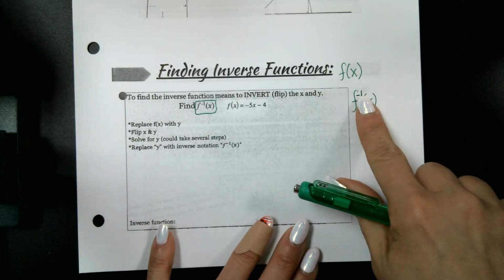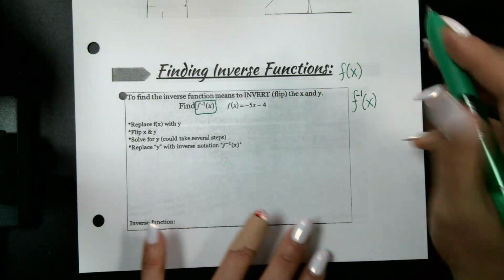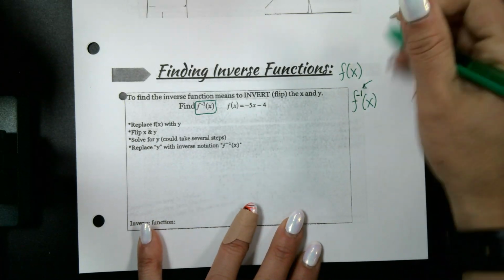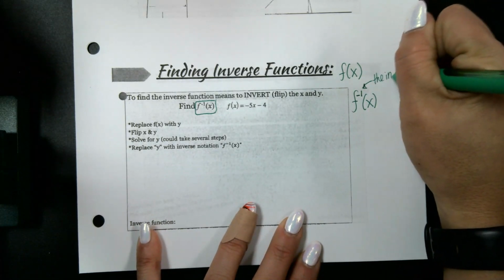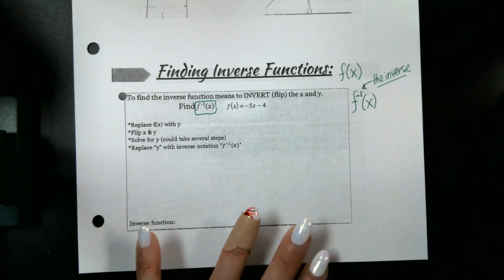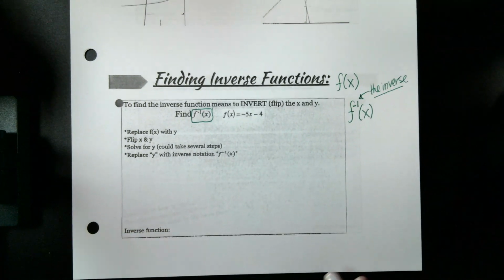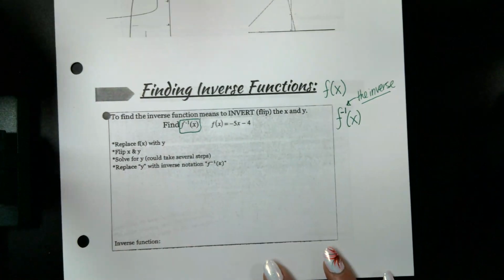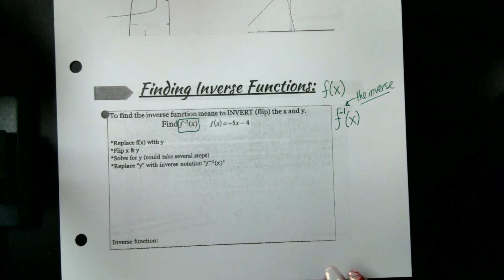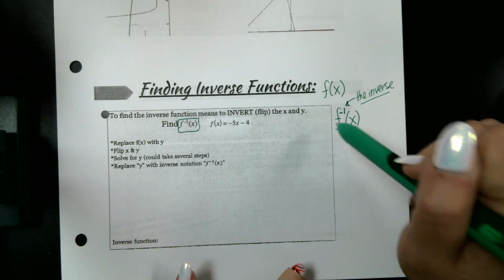All that -1 means is the inverse. It's not really an exponent. They're not telling you to take it to the -1st power. They're just saying the inverse of f of x.